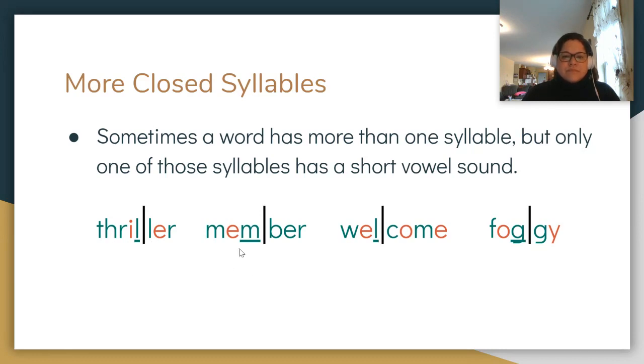Next one. M closes off our vowel to give us mem. Sorry, I forgot to have our E in red here. But here's our vowel. Our R doesn't close it off to give us a short vowel sound because ER works together to say er. So this syllable says ber.